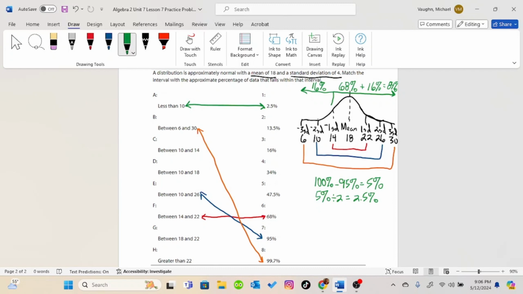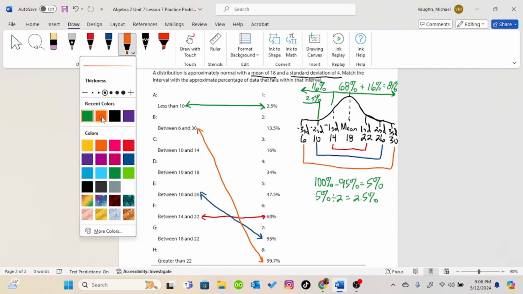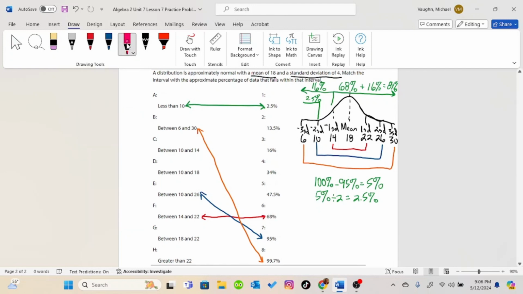But we know that less than 10 was 2.5%. So we need to do 16% minus 2.5%. That leaves 13.5%. So C matches number 2.